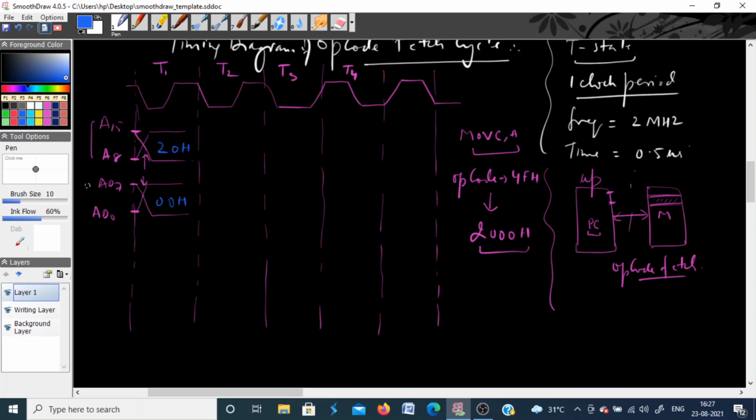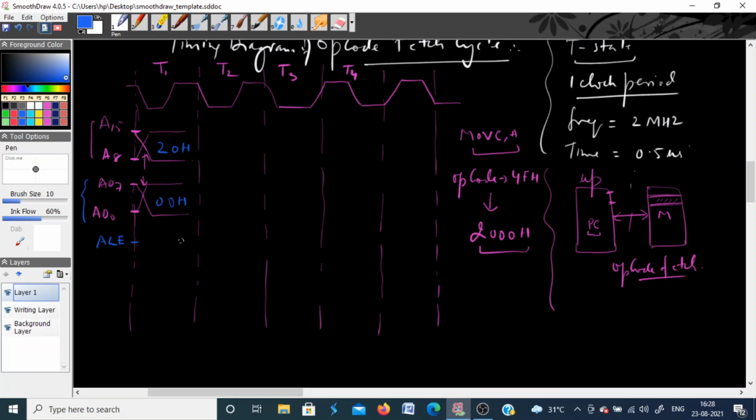Now since there is multiplexing, these 8 bits are used to carry the address as well as the data in the earlier and the later part of this cycle. To separate this lower address so that the lines can be used for data in the next cycle, you have a control signal, that is ALE, address latch enable.